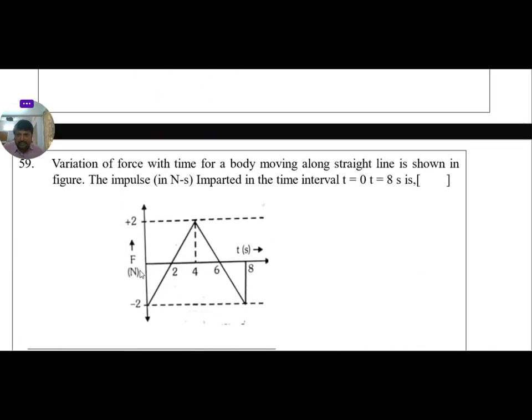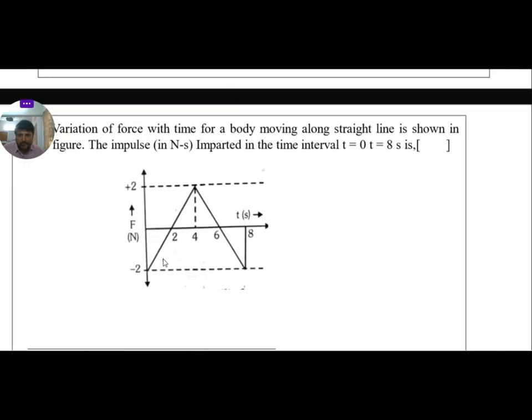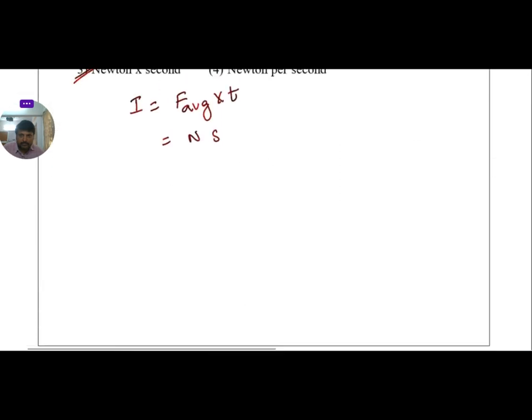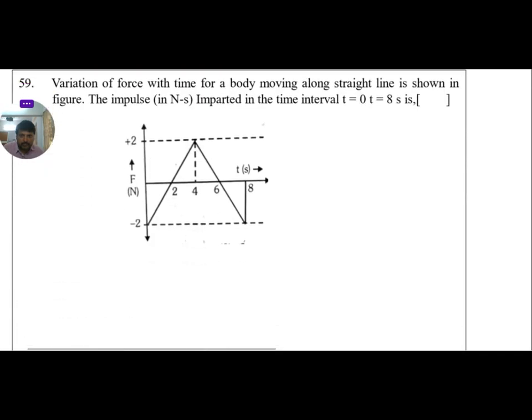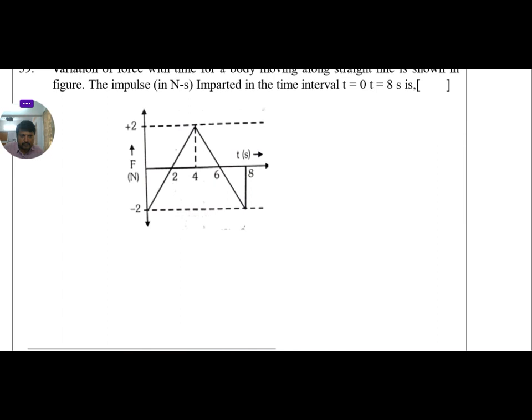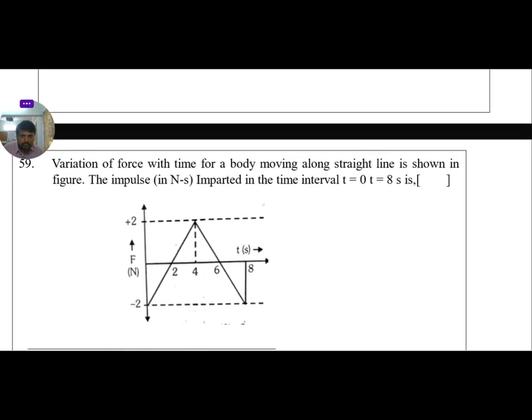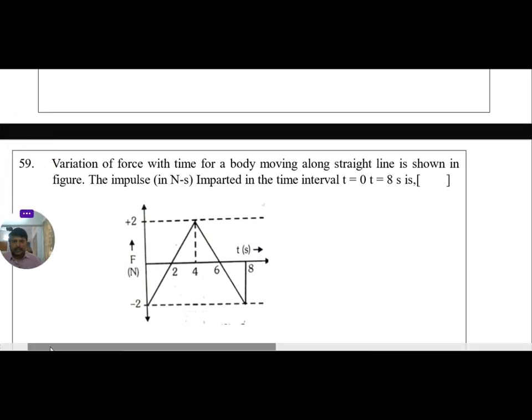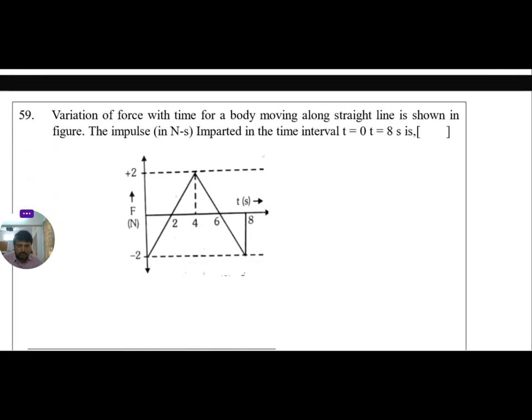Next, 59th question. Variation of force with time for a body moving along a straight line is shown in figure.